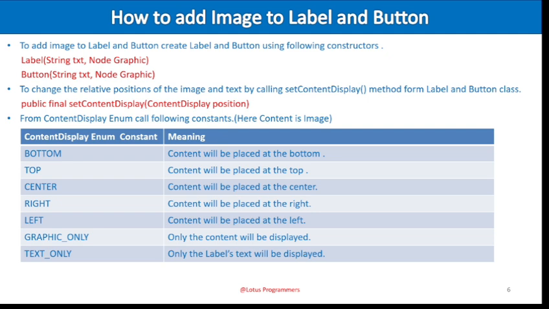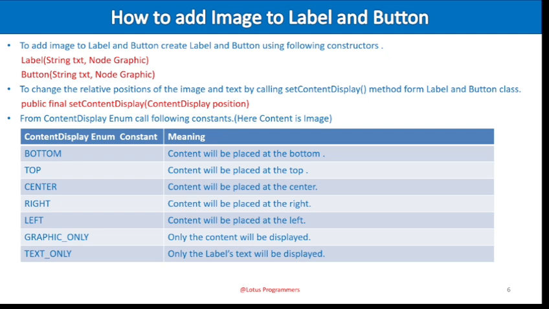Next, we would like to understand, when either a label or a button is created with text and image, at which position the image is to be displayed: at the top, at the bottom, at the center, right, left, or only image or only text.